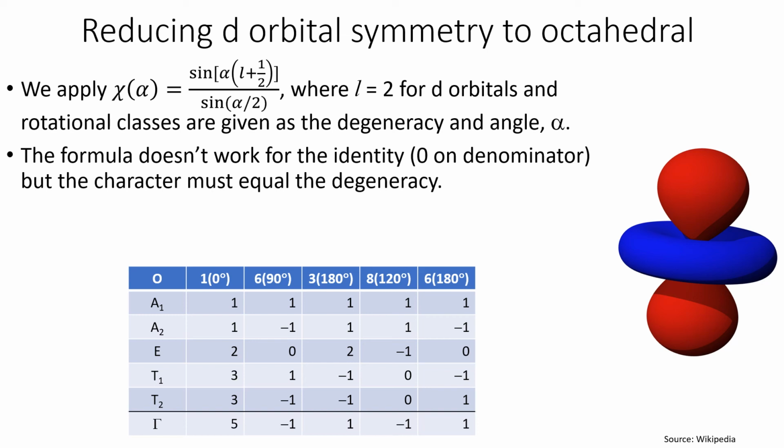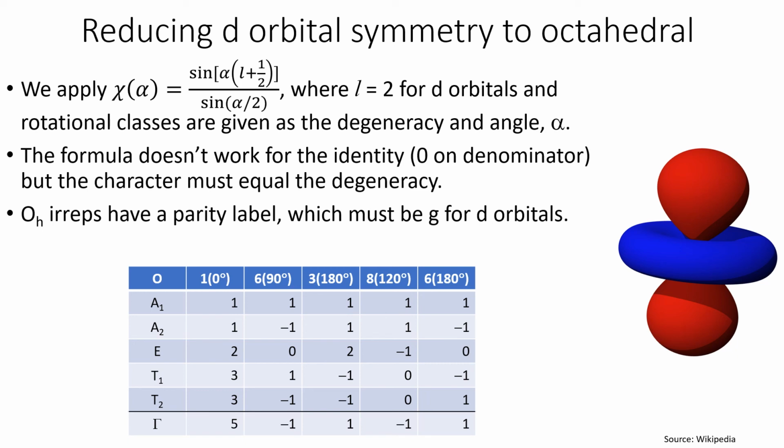But actually there is a bit of a get out here, because of course being the identity, all this really is just the dimension of the matrix. And so since we've got a 5 by 5 matrix, then clearly the identity is going to have character 5. So we can just drop that 5 in there as just the degeneracy of our state, the 5 d orbitals.